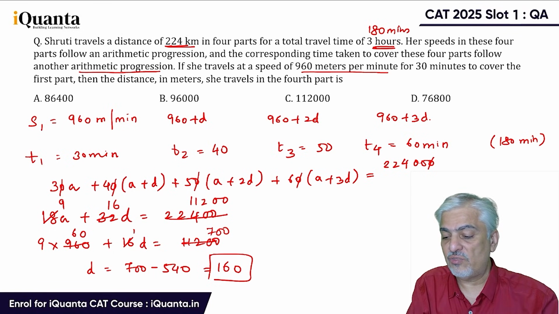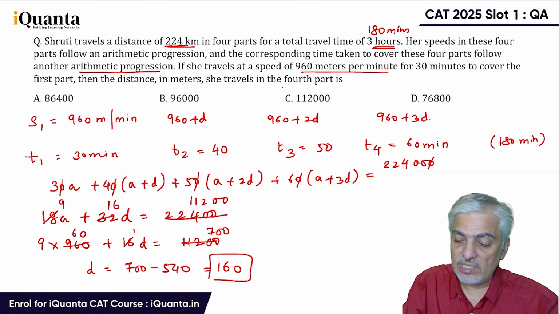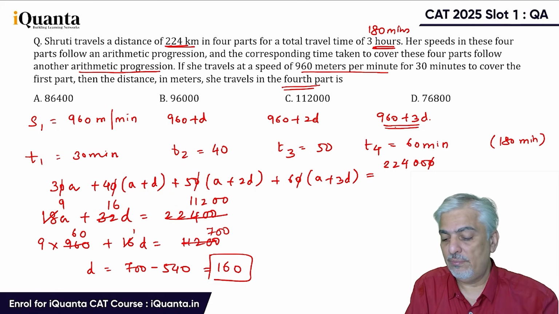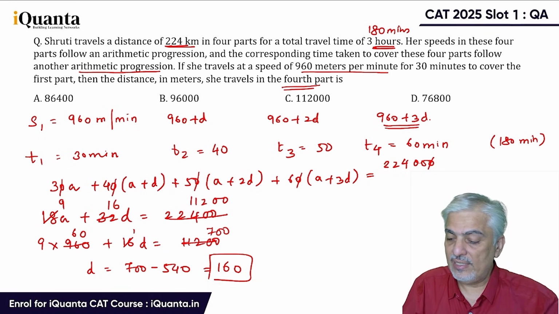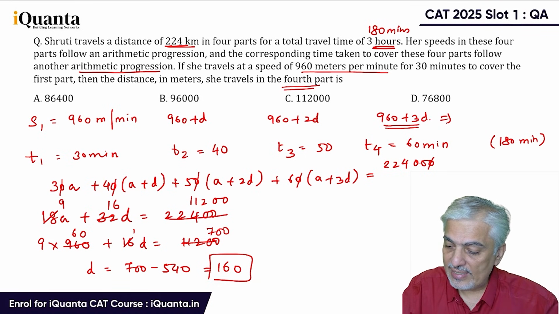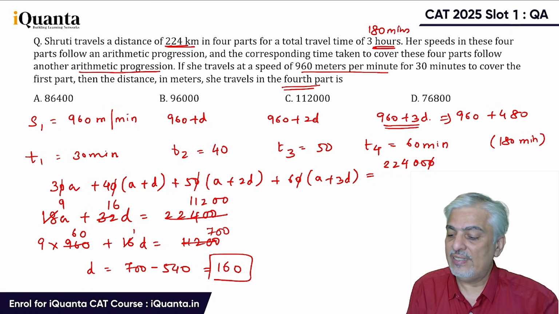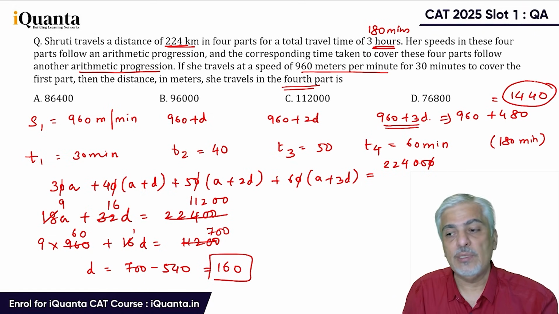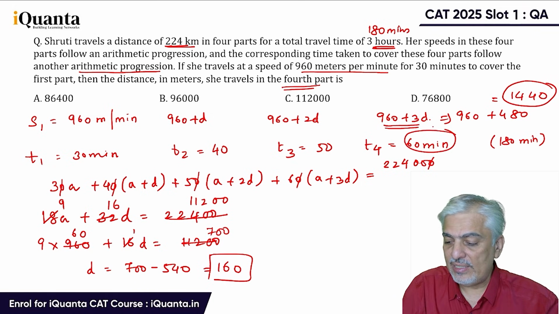What have they asked for? They've asked for the distance he travels in the fourth part. So fourth part, 960 plus 3D. 3D is 480 will be the speed. So 960 plus 480. That will be 1300 plus 140. So 1440 will be the speed in meters per minute, and 60 minutes is my time.